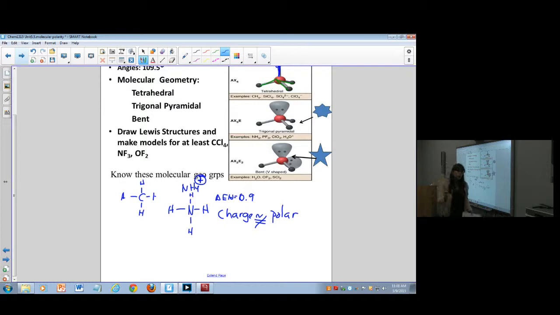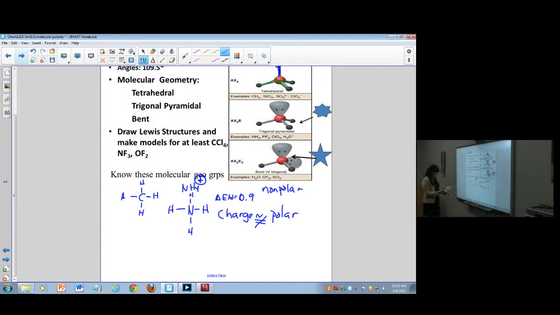Just because there's a charge on the ion does not mean the molecule is polar. So that's tetrahedral, and it's nonpolar for both CH4 and NH4+. Now, like I said, if we change this to a CH3Cl, now we would have a polar molecule because the electronegativity values would be different.